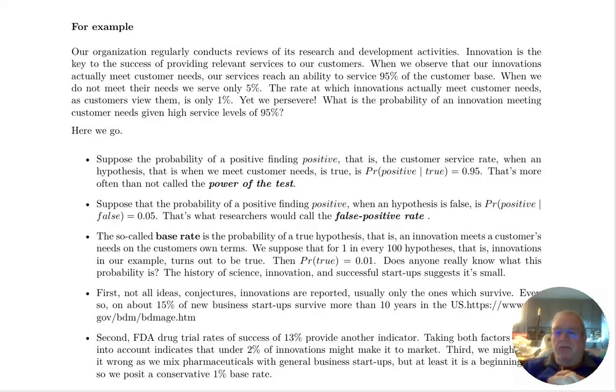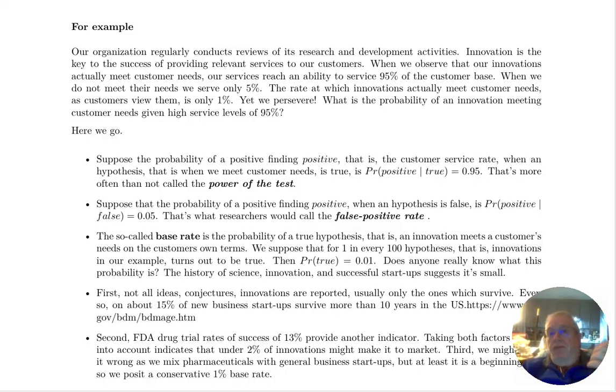When we observe that our innovations actually meet customer needs, we will say that is, let's say, a service level of 95%. On time, in full. Like, for example, if 80% of the time the package arrives and 90% of the time when it does arrive, it's a complete package. Nothing's wrong with it.